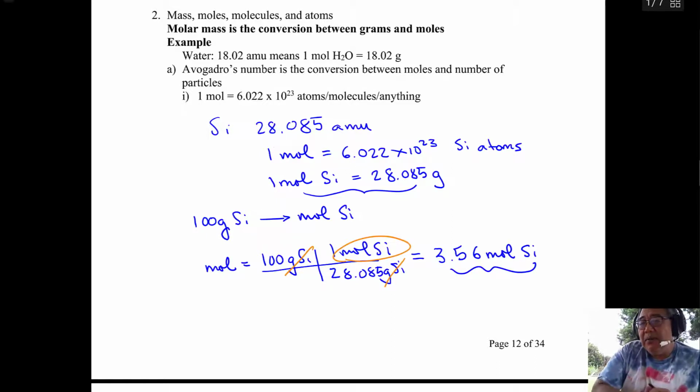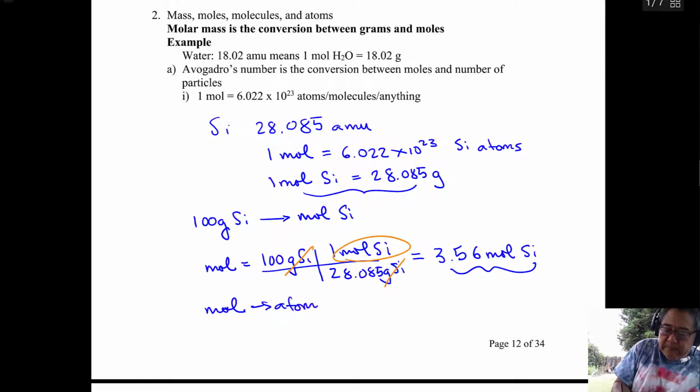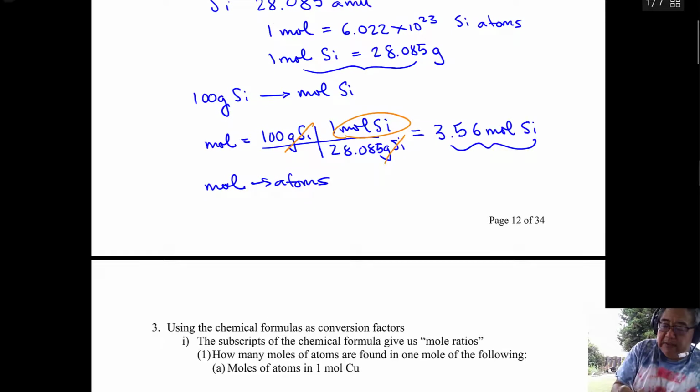Now, if I wanted to know the number of atoms of Si that I had, then what I would do is take the moles. Let me write what I'm trying to do. I'm going to go from moles to atoms. I'll start with the moles, since atoms is what I'm looking for: 3.56 moles of Si.